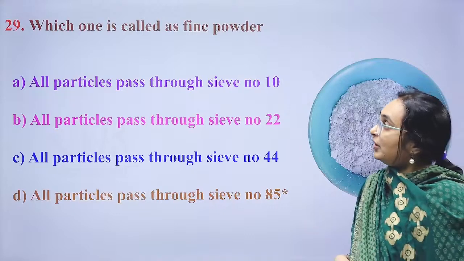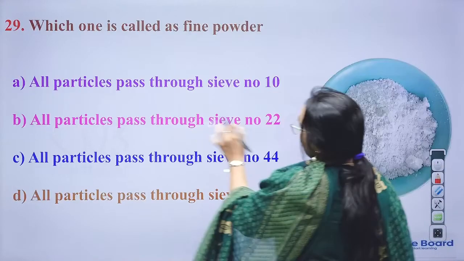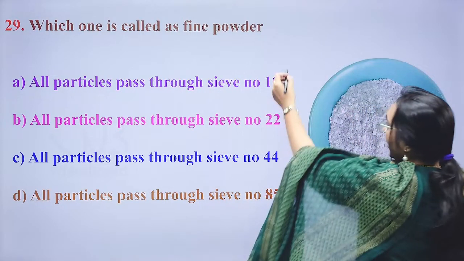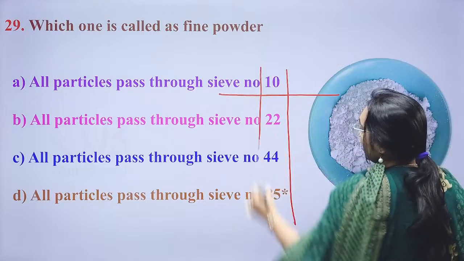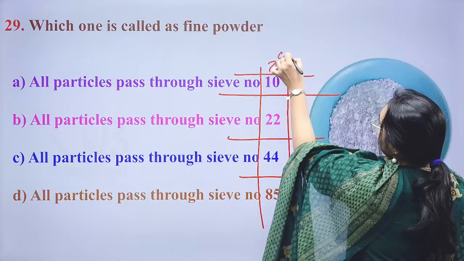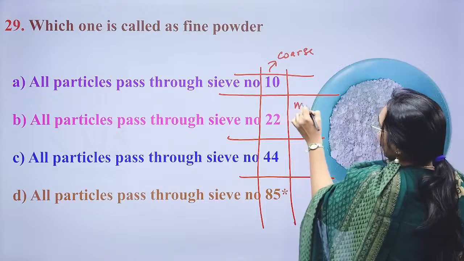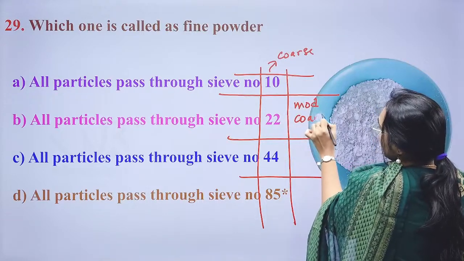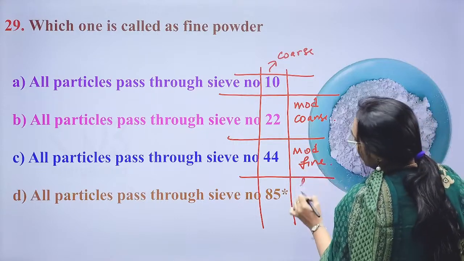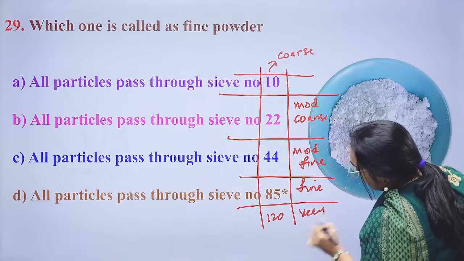See the next question, which one is called fine powder? All particles pass through sieve number 10, 22, 44, 85. Okay. So, 10 is for coarse, 22 is for moderately coarse, 44 is for moderately fine, 85 is for fine, 120 is for very fine.